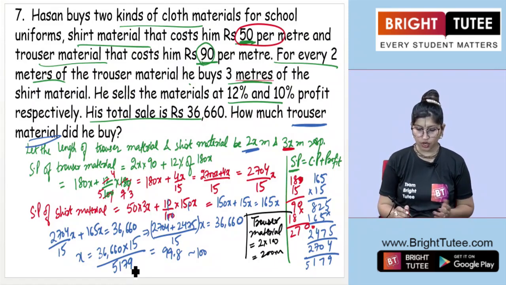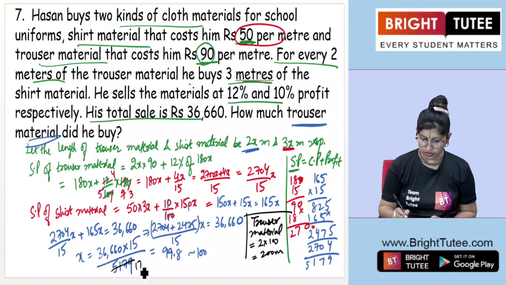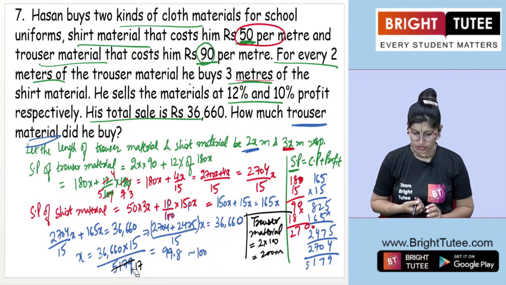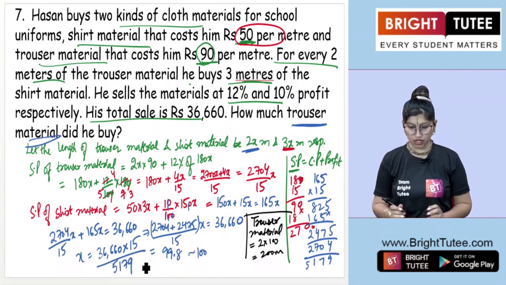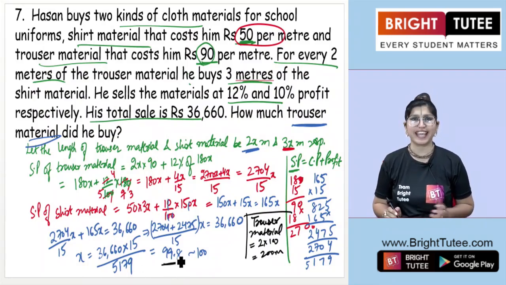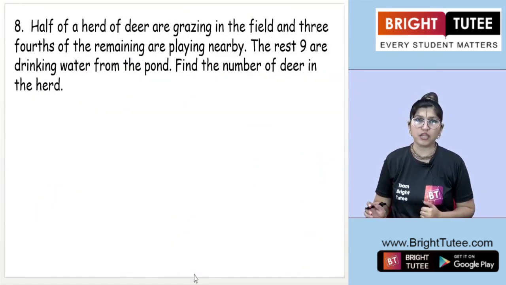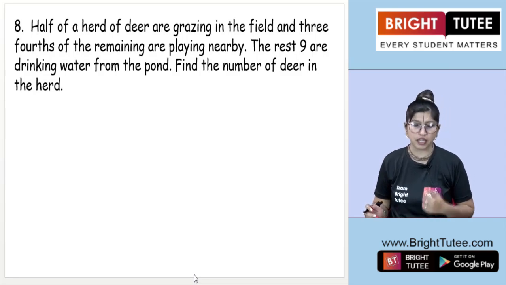We can find it out with 3 if it's possible, or maybe you can divide it out. We can try it out for something. Once you go ahead with it, you can come up with the final answer as 99.8 something, which is approximately 100.